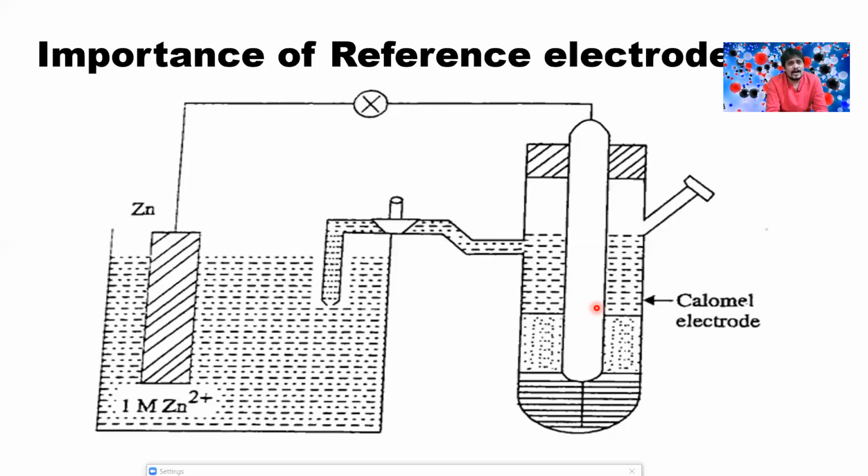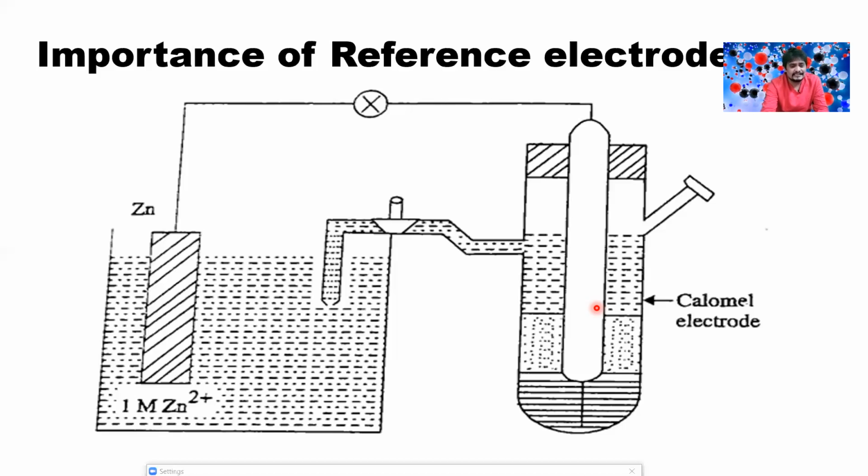Their nature depends on the electrode to which they are connected. If the connected electrode acts as anode and undergoes oxidation, the reference electrode acts as cathode and undergoes reduction. On the other hand, if the connected electrode acts as cathode and undergoes reduction, the reference electrode acts as anode and undergoes oxidation. So its behavior depends on the electrode to which it is connected.